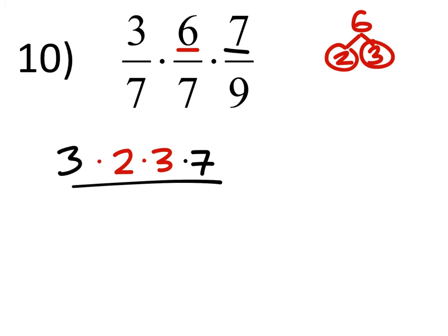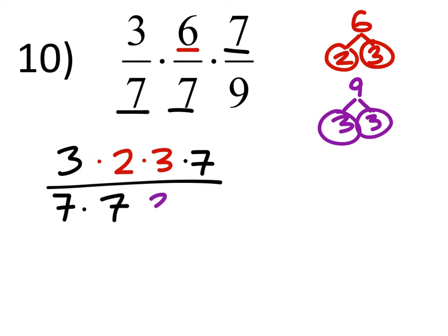Now that's my numerator. That's the top. And then in the bottom, I've got this 7 and this 7 to multiply. But the 9 I can split up. So 9 I'm going to split up into 3 and 3. So that would be 9 as prime factored. Now, again, some of you would just start canceling out at this point, which is okay.